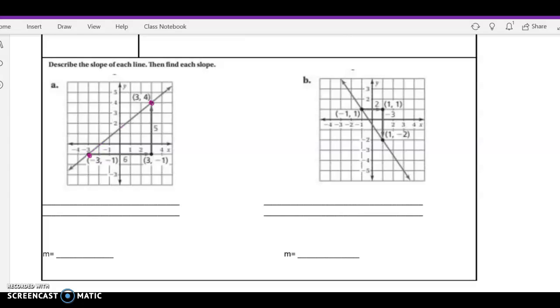I can't count when it goes diagonal, but I can count when it goes from left to right and up and down. So I'm moving to the side 1, 2, 3, 4, 5, 6. So I move 6. So I run 6 and I rise 1, 2, 3, 4, 5.